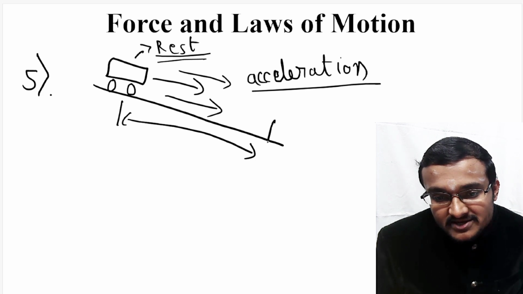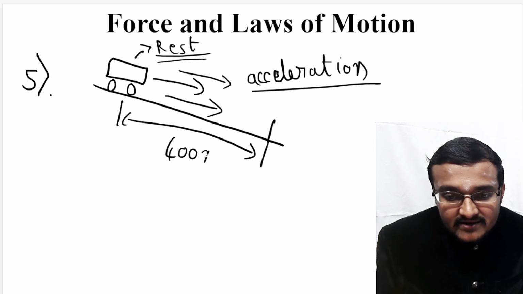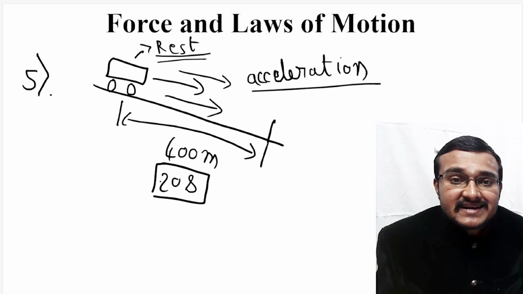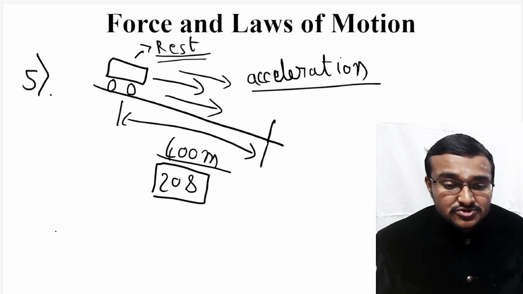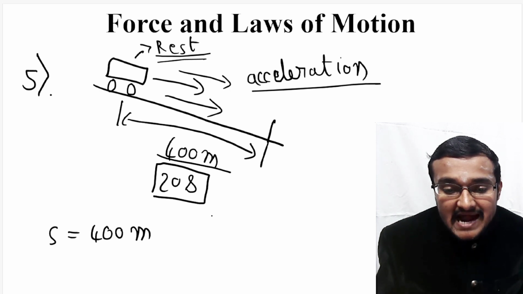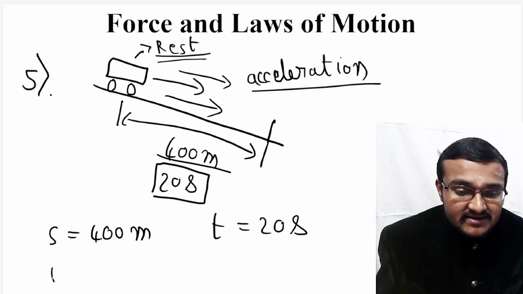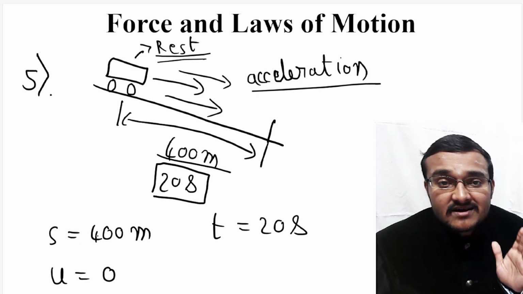So let's say this particular distance is 400 meters in 20 seconds. So after accelerating for 20 seconds, it has covered 400 meter distance. So here distance S is given as 400 meter, and they have also given time, that is 20 seconds, and here initial velocity is 0 because the truck was initially at rest.